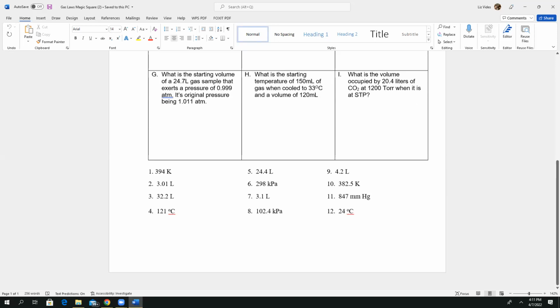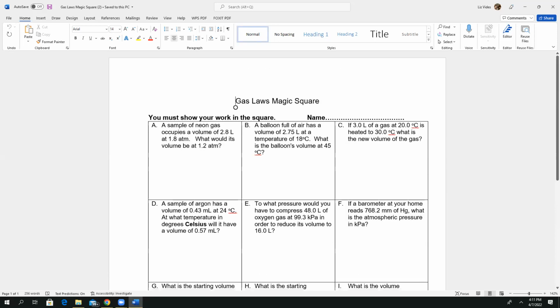Okay, let me see if that's in there too. Yep, okay. E, to what pressure? So P, that's P2. We do not know. The volume is 48.0 liters.